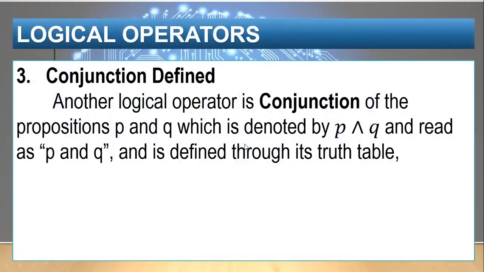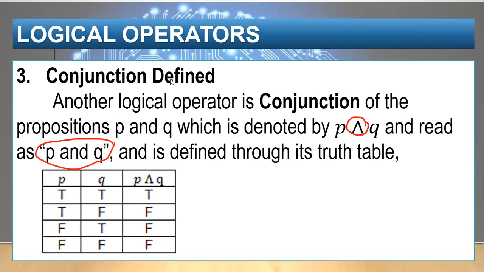Next, conjunction defined. We have P and Q. No? Pag conjunction, it is and. So we will now define two propositions. So this is the symbol for the and. It's read as P and Q. So for the truth table, no, we have two propositions.